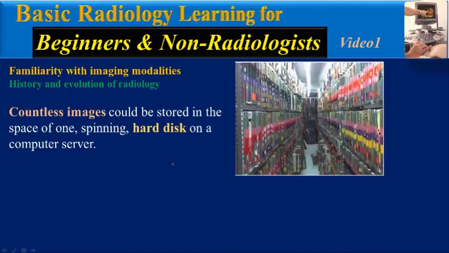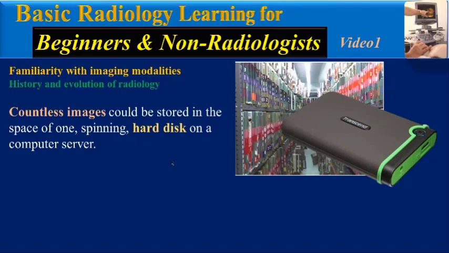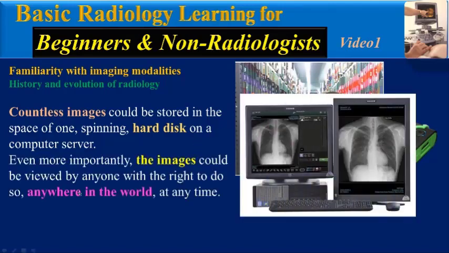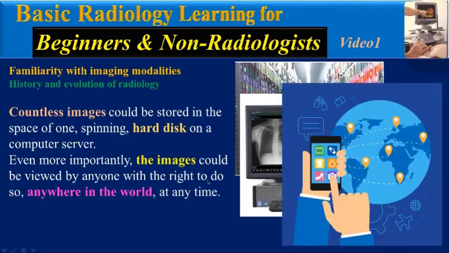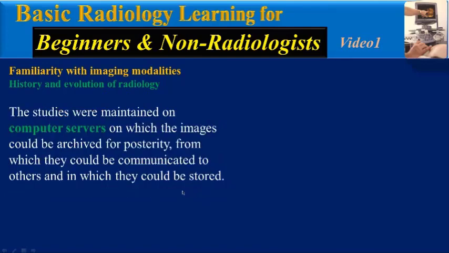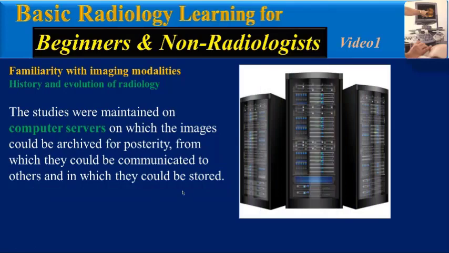Countless images could be stored in the space of one spinning hard disk on a computer server. Even more importantly, the images could be viewed by anyone with the right to do so anywhere in the world at any time.